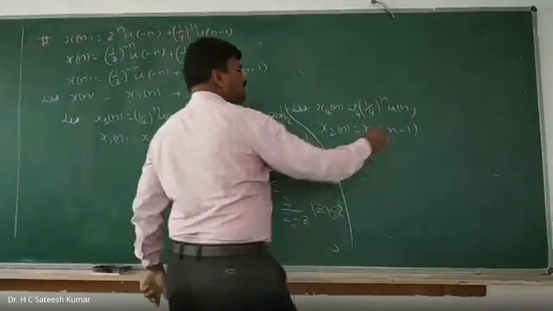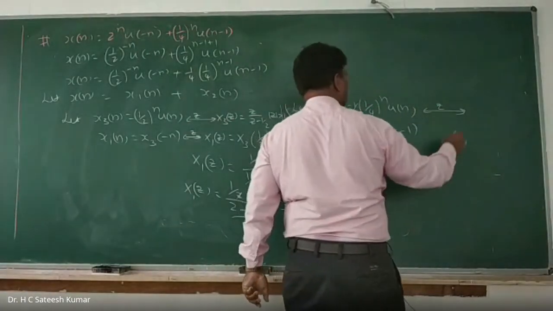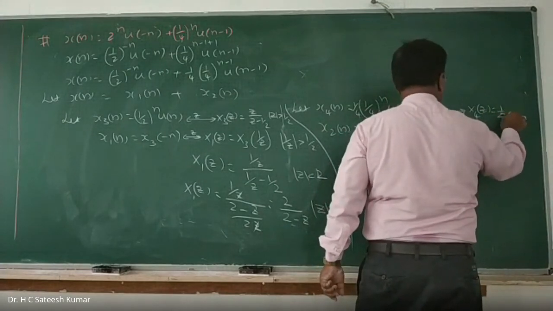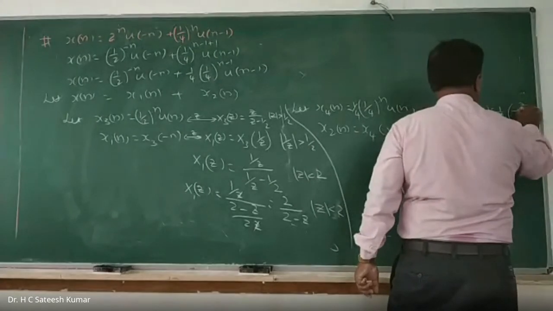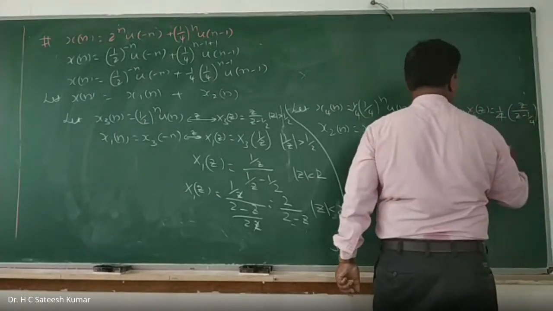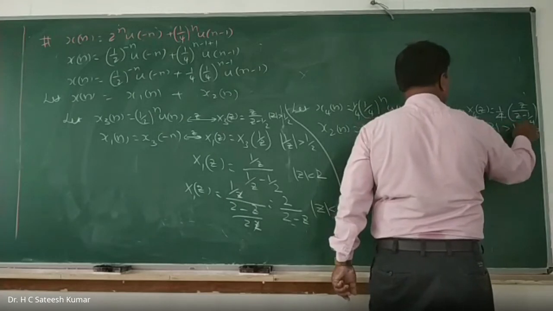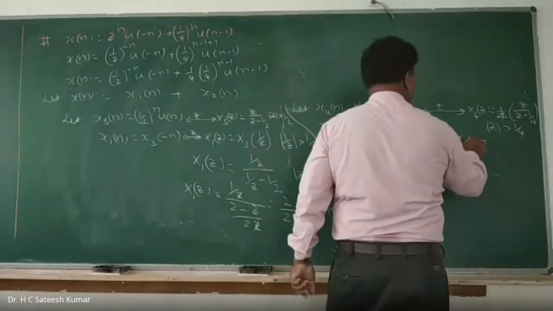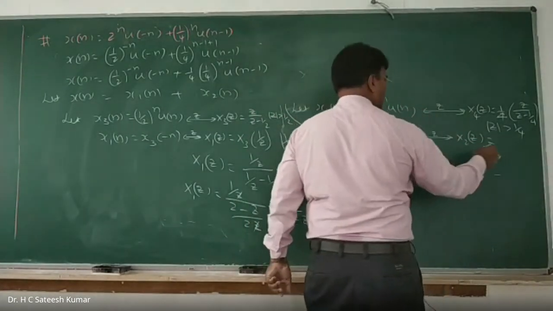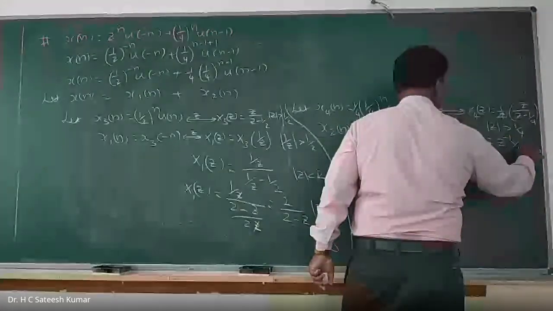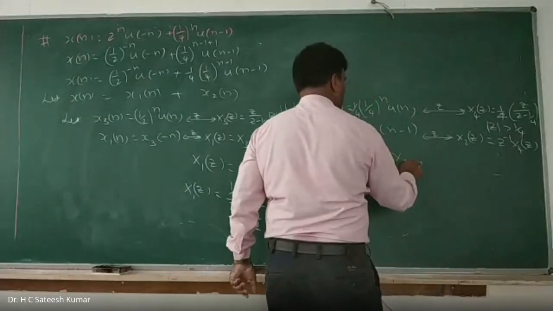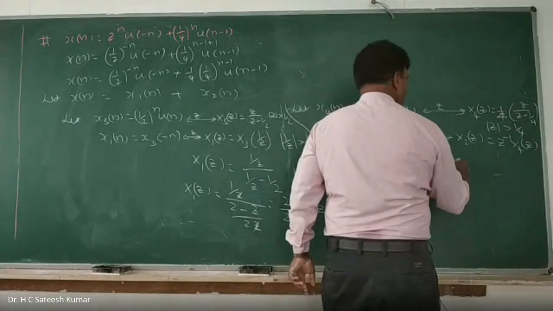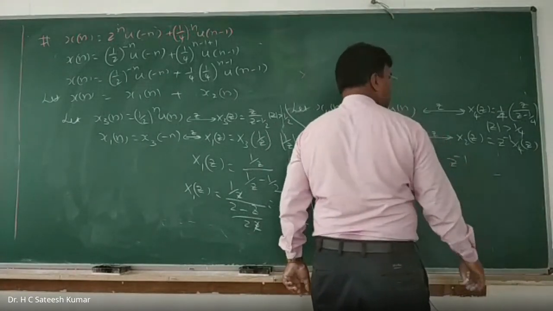Second part you go for. The z transformation of this one: X4 of z is equal to 1 by 4 into z divided by z minus 1 by 4 with ROC mod z greater than 1 by 4. From the table, all of them are standard relations. X2 of z is equal to, by the time shift property, z to the power of minus 1 into X4 of z.